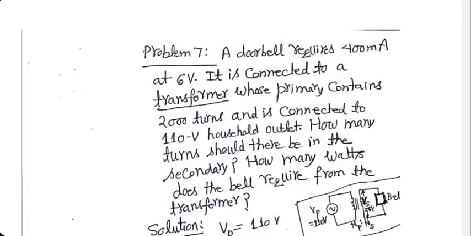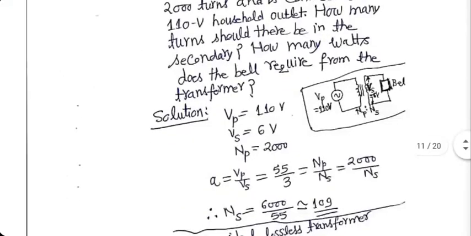And secondary voltage is also given as 6 volt. Primary voltage is given as 110 volt. And primary contains 2000 turns. So I think it is fairly straightforward to calculate how many turns would be required in the secondary winding. VP is 110 volt, VS is 6 volt, NP is 2000.